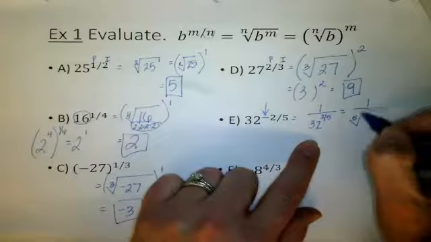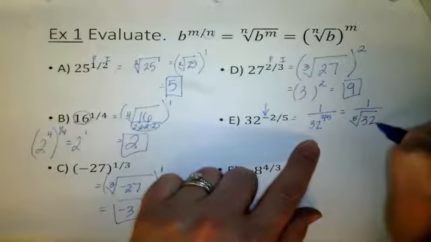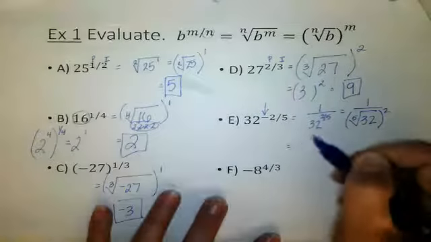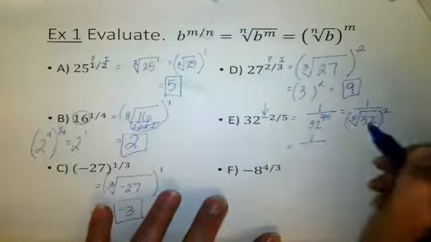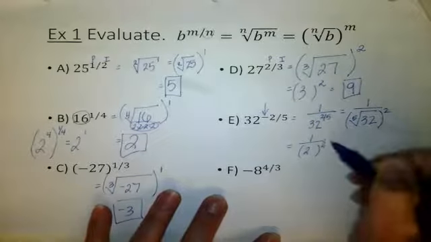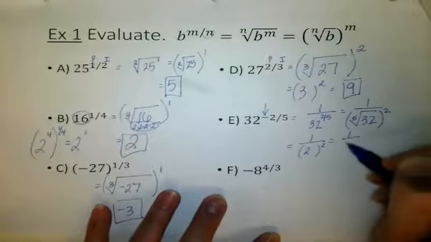So this is the 5th root of 32 to a power of 2. What is the 5th root of 32? 2. Because 2 to the 5th equals 32. Okay. So this is 1 over the 5th root of 32 is 2, and we still have it raised to a power of 2, so that's going to be 1/4.